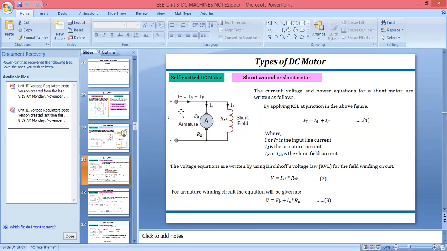So to derive the equations for the voltage we can apply KVL for this loop, or we can apply KVL to the field winding circuit. According to KVL, Kirchhoff's voltage law, the algebraic summation of the potential drop across every component in a closed loop will be equal to 0.